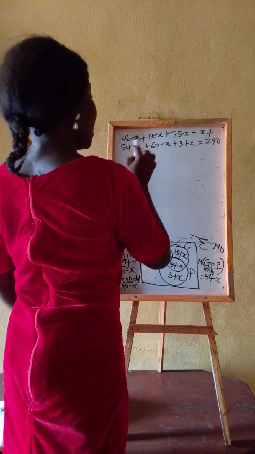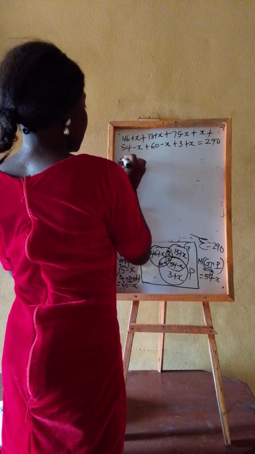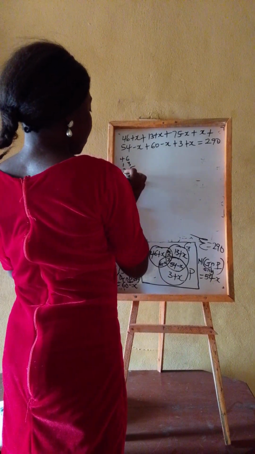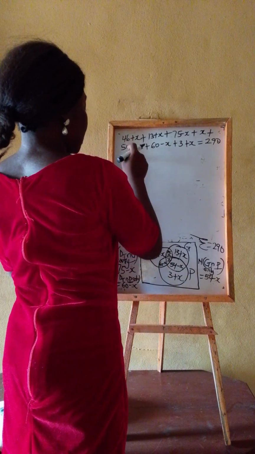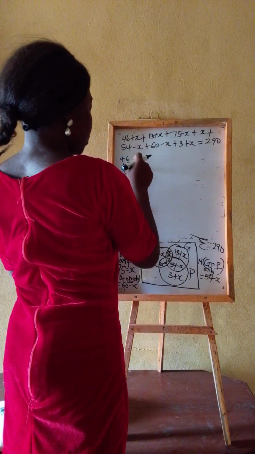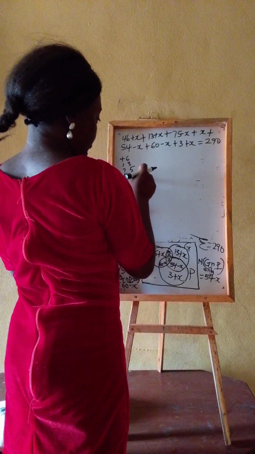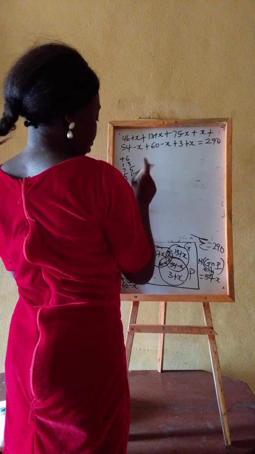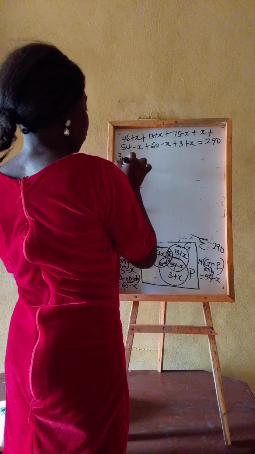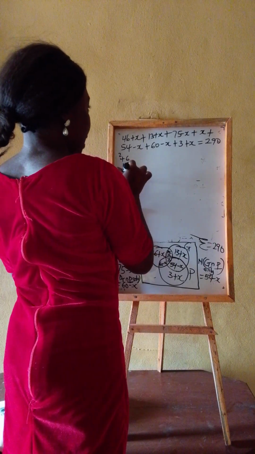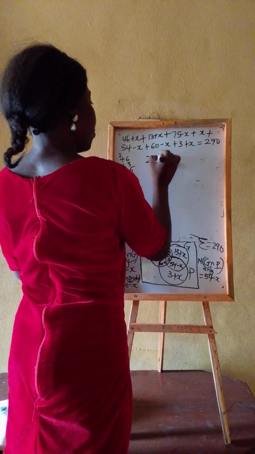So what do you do? You add up 46 plus 13 plus 75 plus 54 plus 60 plus 3. That gives us 251.